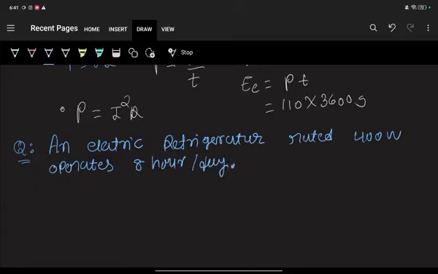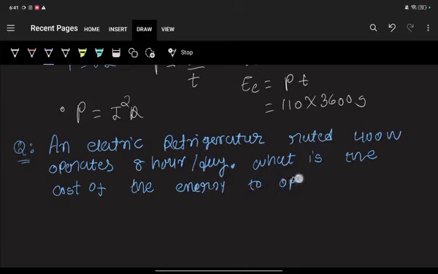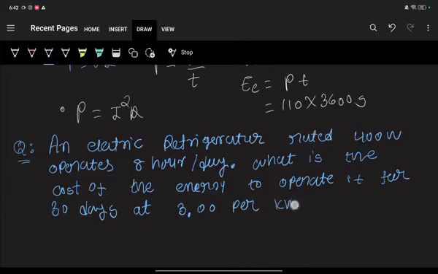What is the cost of the energy to operate it for 30 days at 3 rupees per kilowatt hour?